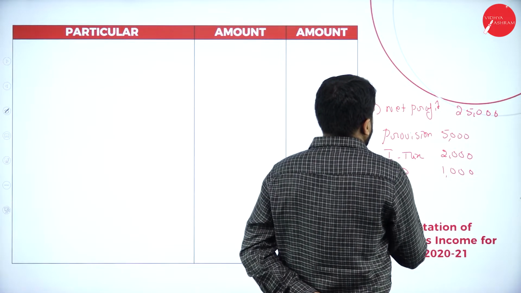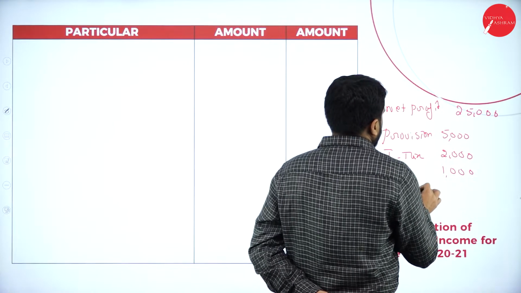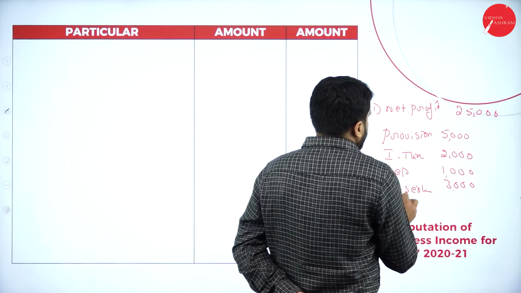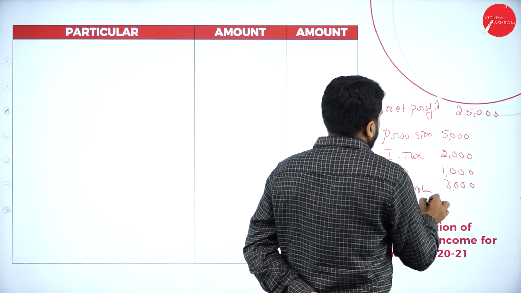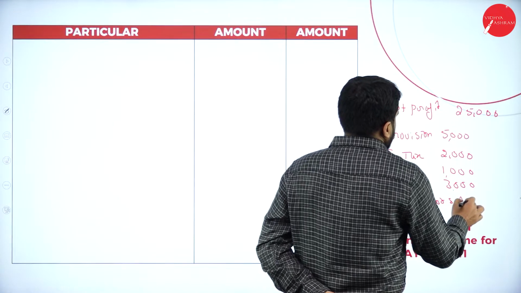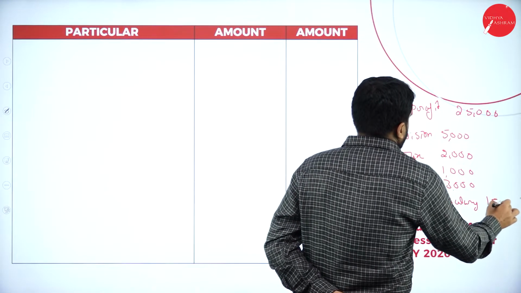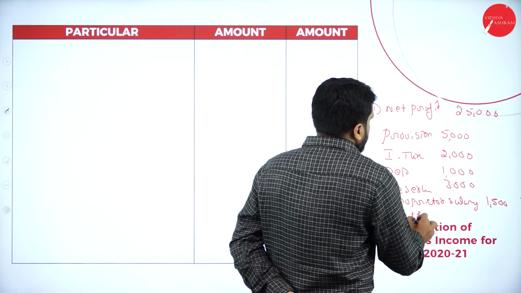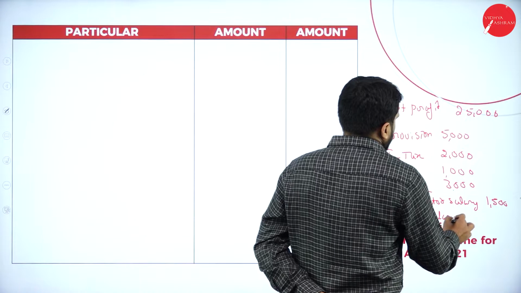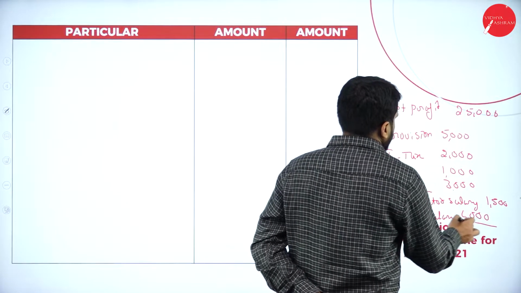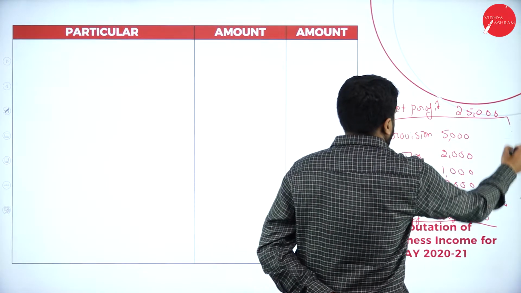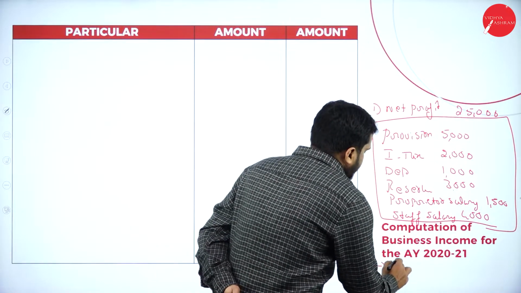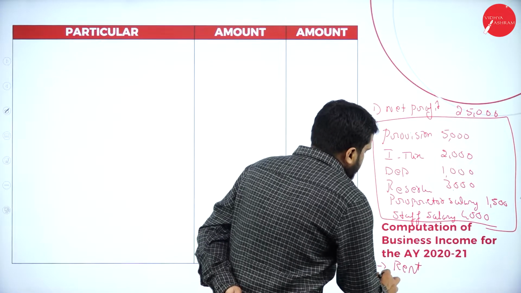Then we have reserve 3,000. Proprietor's salary 1,500. Then staff salary 4,000. And one more I'll give. And one more is rent. One more is electricity.